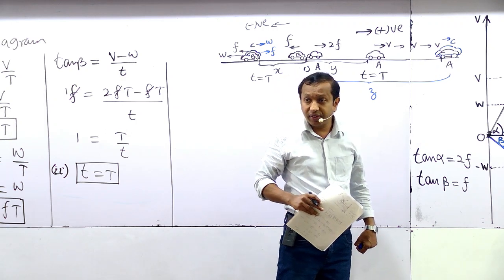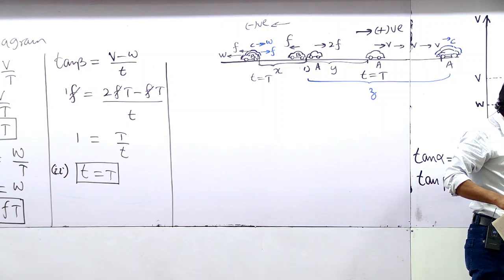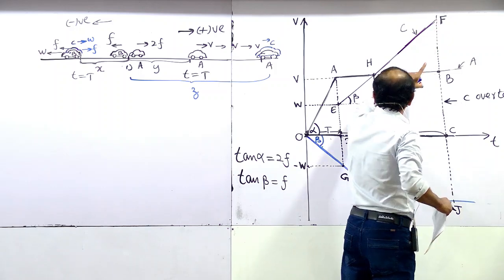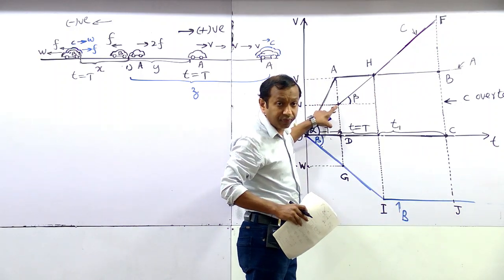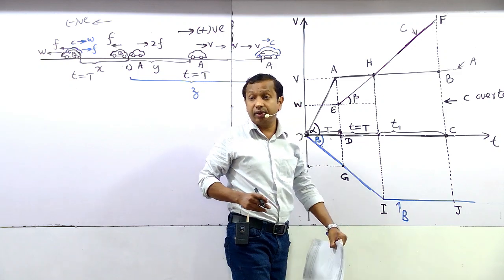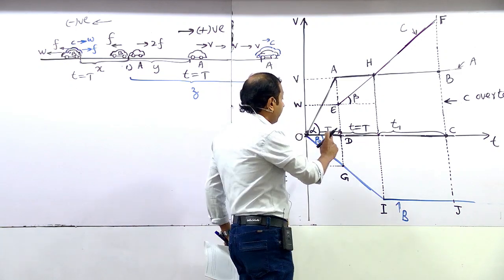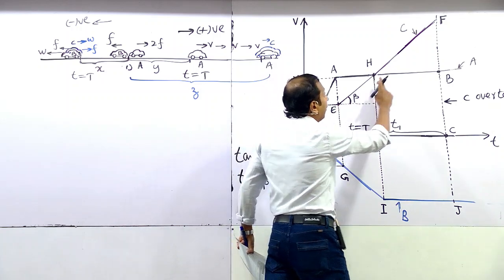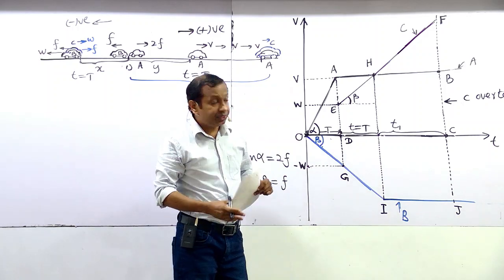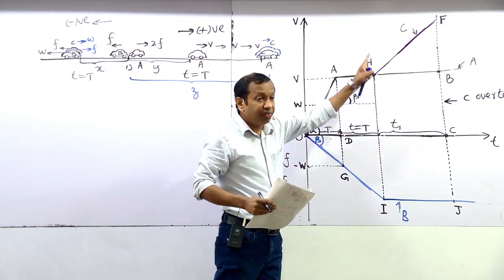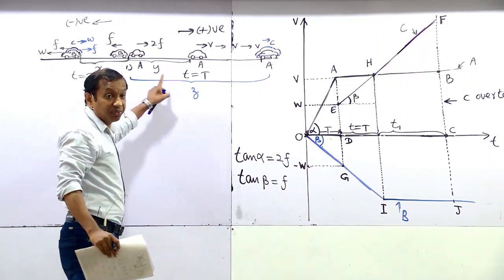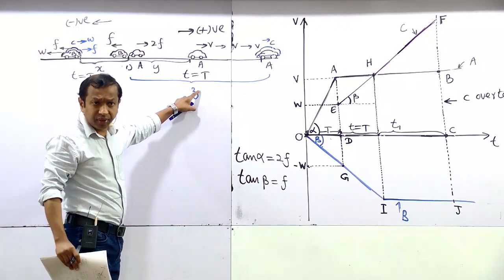Can somebody show that area? If this is the moment C overtakes A, up to this moment the VT graph of C is this. VT graph of C starts from here. From here to here, the area covered by the VT graph of C going to be what, people? Here, DEFC. Am I correct? Then this DEFC should be equal to what? X plus Z. Am I correct? Yes.